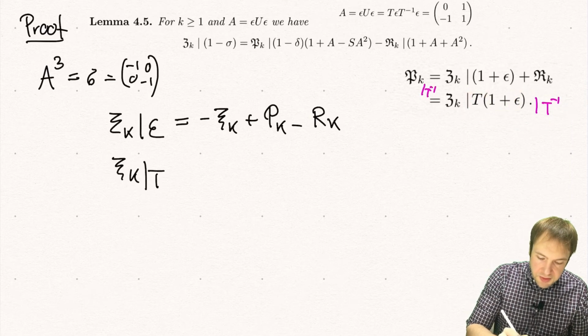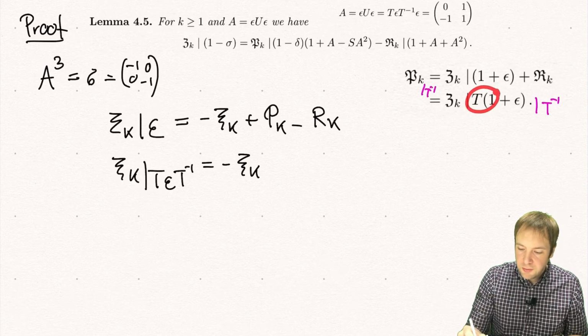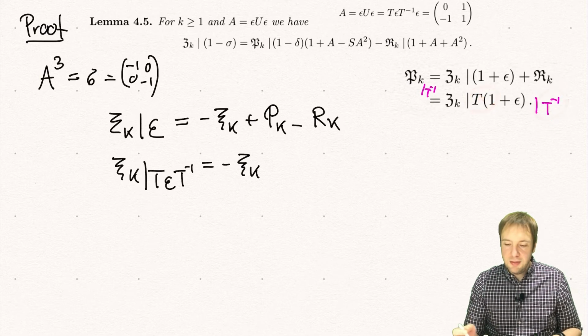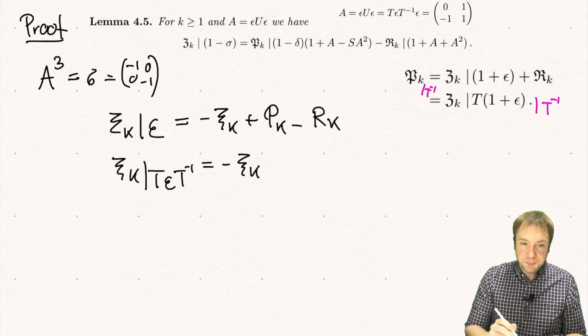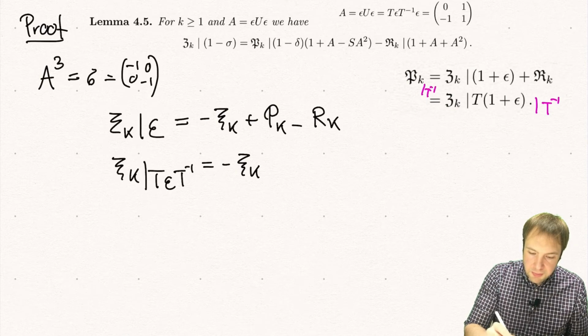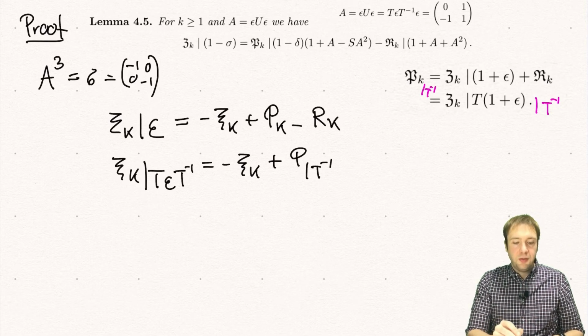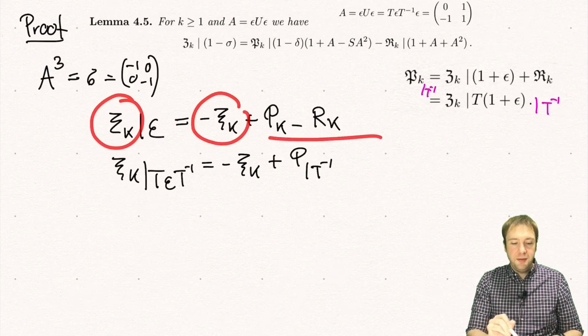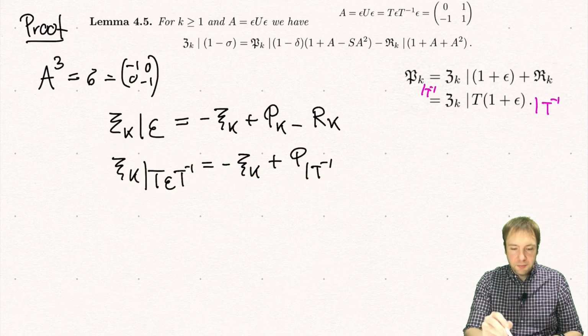So the action of t epsilon t inverse is minus zk, because here I now have t times t inverse. So if I put it on the other side, it's just minus zk, and plus p t inverse. So the action of epsilon on this zk is minus zk plus this. The action of this matrix on zk is minus zk plus this.